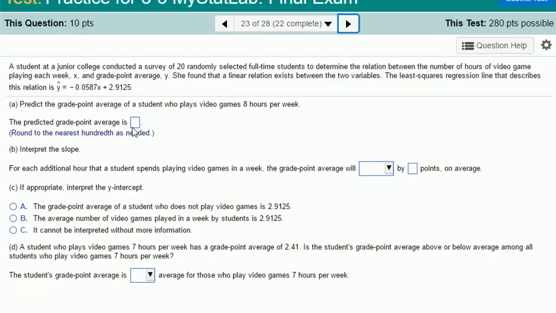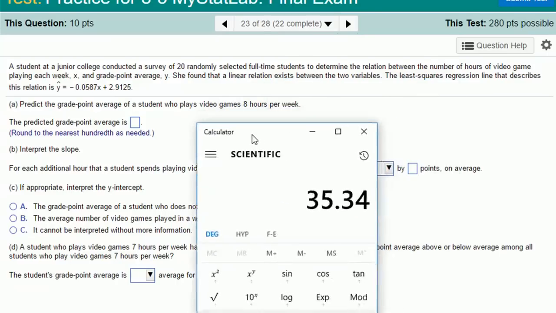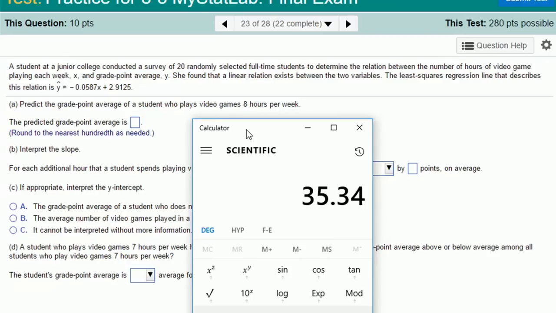This allows us to predict for any value of x, which is how many hours of video games someone plays, what their GPA is going to be. So let's go to somebody who has 8 hours.